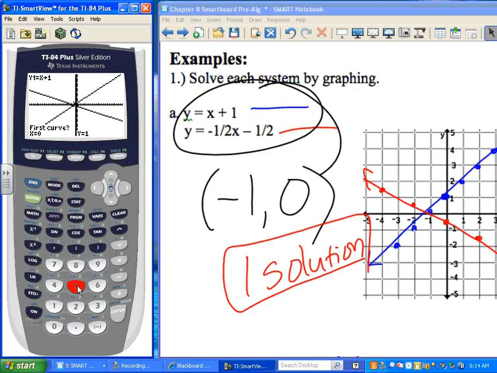Hit enter 3 times. 1, 2, 3. Some of you may have to hit it 4. So look how awesome this is. It says intersection, -1, 0. You can use it to check, but I need to see your work. So, I'm getting to that. Hold on. Any questions on how to check on the calculator? Skylar.